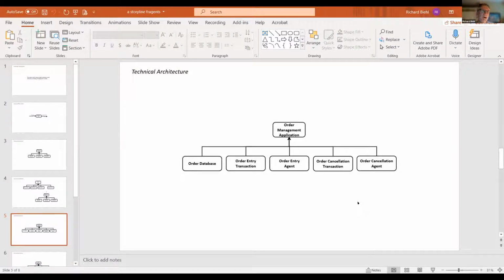Now we're talking this week about trade spaces in the other class. You might need at times to develop a technical architecture with lots of variations in it. I could have polymorphic variants of this order database. I could implement this database in Excel. I could implement it in SQL. I could go out and buy a commercial off-the-shelf software package. I could implement it as a flip chart or a wall chart or a whiteboard on the wall.